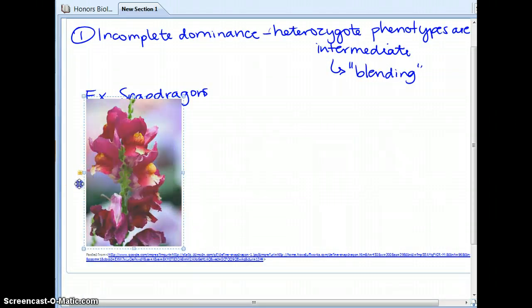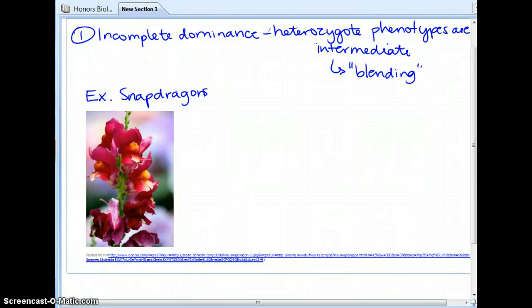Let's bring this down a little bit. If you've ever seen snapdragons, which are absolutely beautiful, if you press the sides of them, their flower opens up, and they are really beautiful flowers. So snapdragons, we're going to talk about this idea of blending.